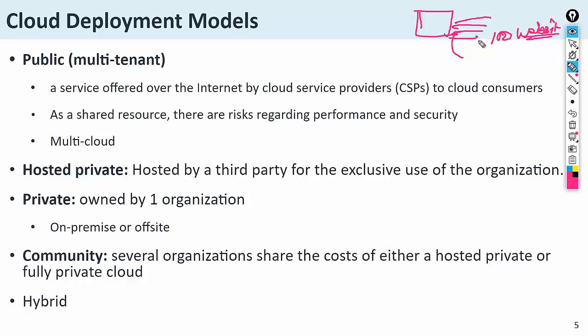So it is called shared resources, meaning a single server is shared with 100 clients. That is the reason for the risks: there are two main risks for shared resources, performance and security.